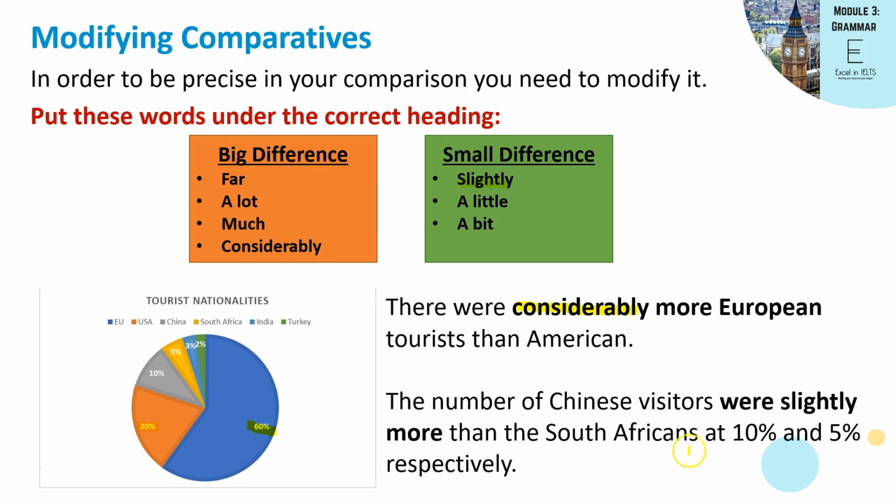The number of Chinese visitors were slightly more than South Africans at 10% and 5% respectively. So there is a small difference between these two, and I've decided to use slightly because of that. So as you can see, by using these modifiers, you are being precise in the difference between the 2 things you're comparing.